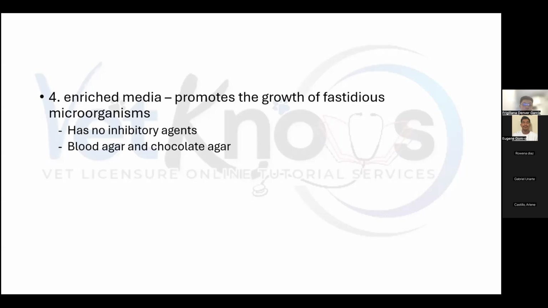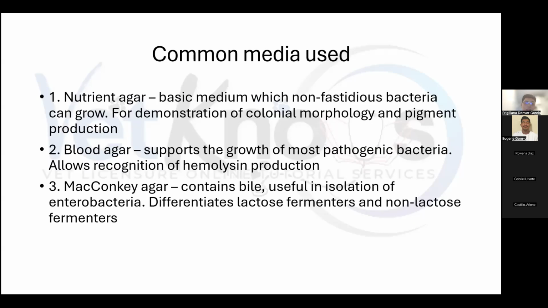So a difference between these two, blood agar contains RBC, red blood cells na walang kahit na anong special process. Then we have chocolate agar which contains powdered hemoglobin. So yung pinaka-difference nila, ayan, blood agar is a bit redder as compared to chocolate agar. Kasi hemoglobin na nadiran sa chocolate.